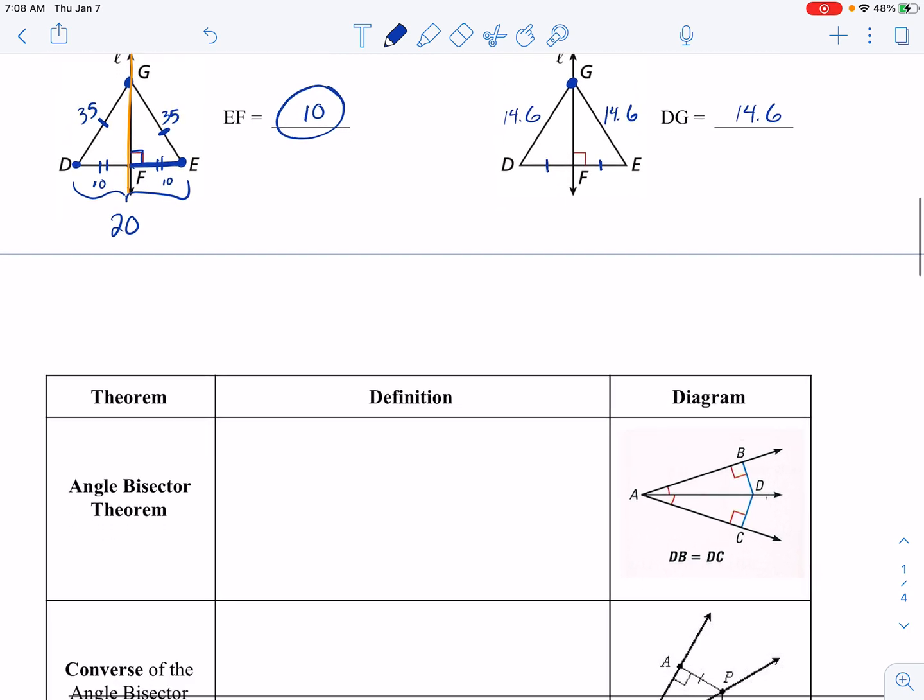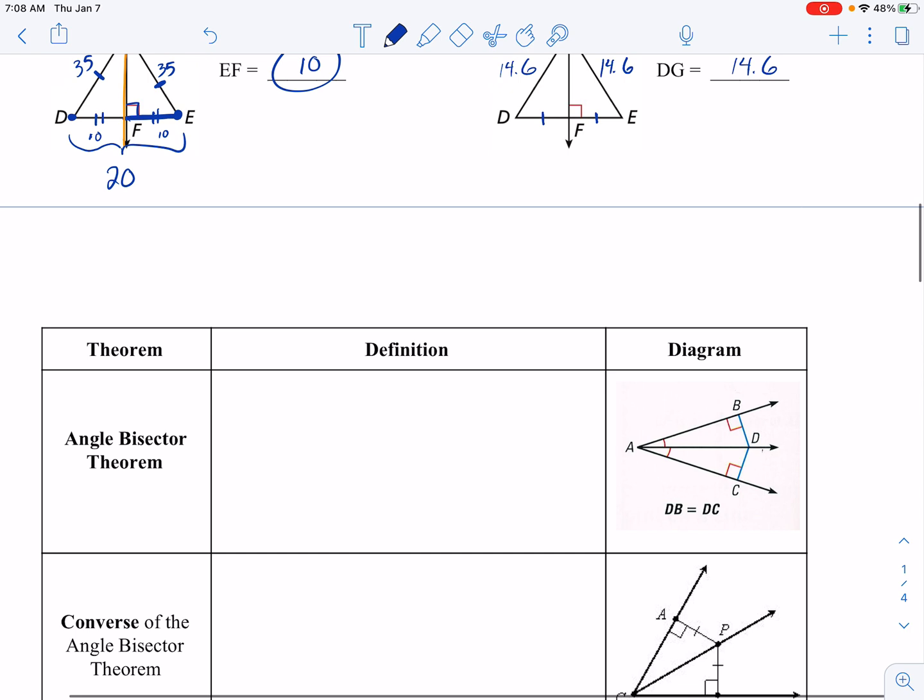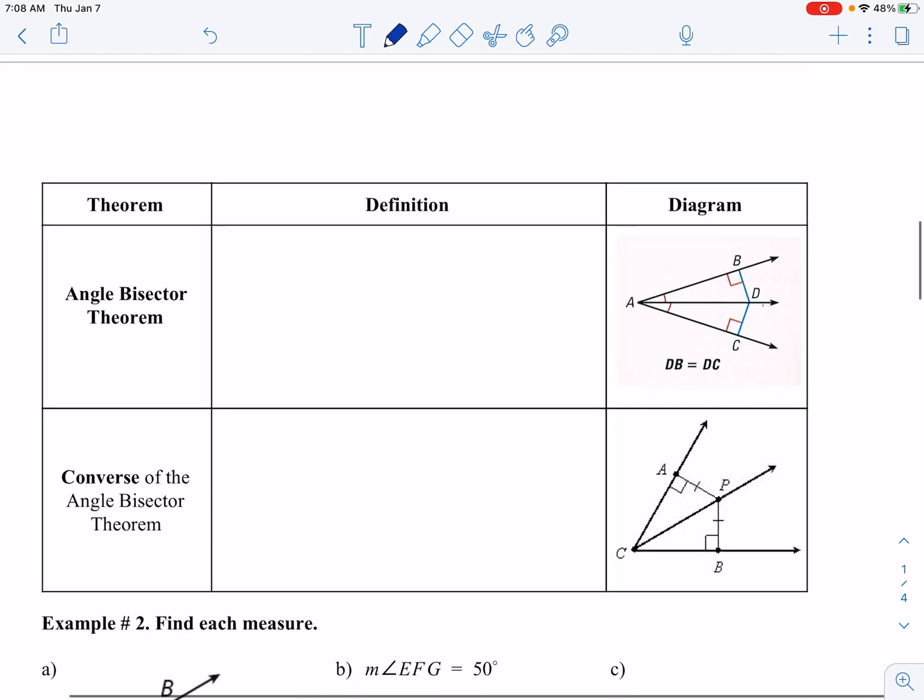Okay, you're going to see a similar property for an angle bisector. Let's go ahead and list that definition out.